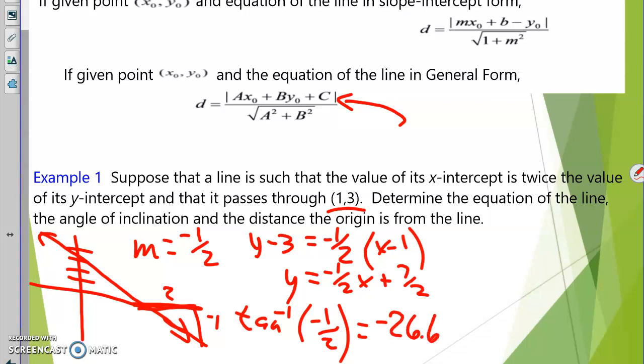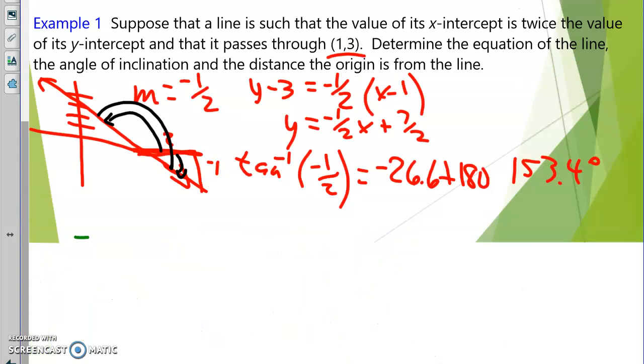Now when I talked about the angle of inclination, we said that it would be a positive angle. So this angle going this way is my -26.6, and I want to know what the angle is going up that way. If I add 180 degrees to that, because the straight line is 180 degrees, I get 153.4 degrees.